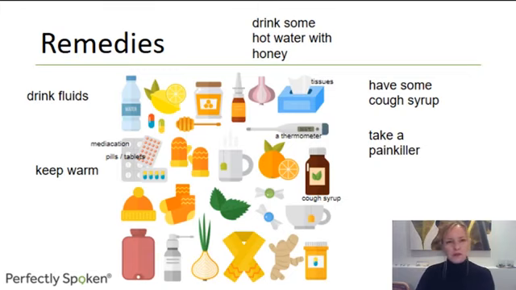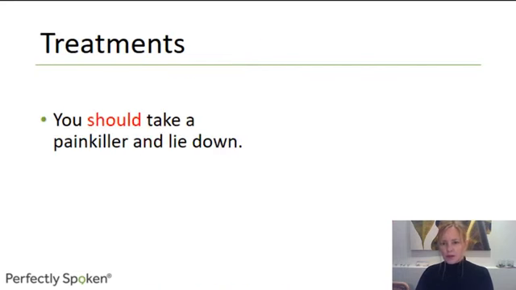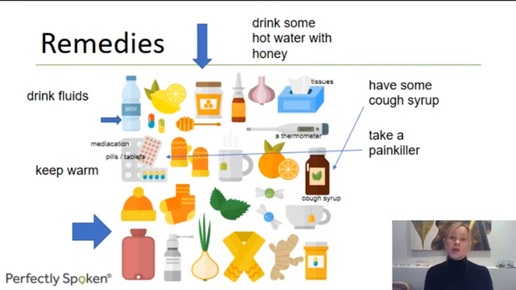Drinking water is always good, okay? Eat rice as well if you have a bad stomach. So here we are, things to keep warm. Drink some hot water with honey, take a painkiller, have some cough syrup. Okay, there we are. That's lots of different treatments you can use if you're feeling ill. But rest is always, always a good idea.